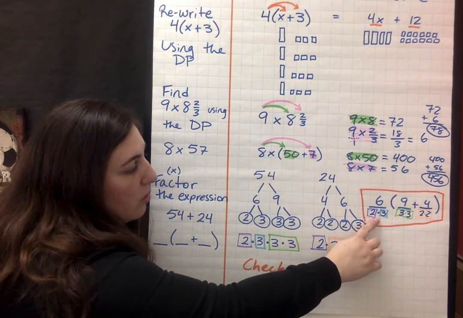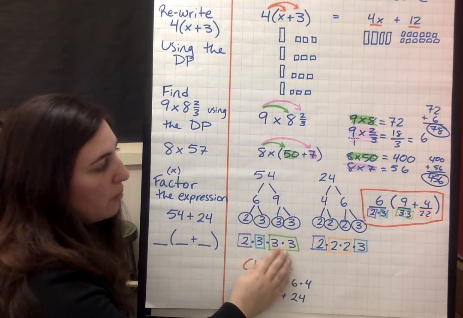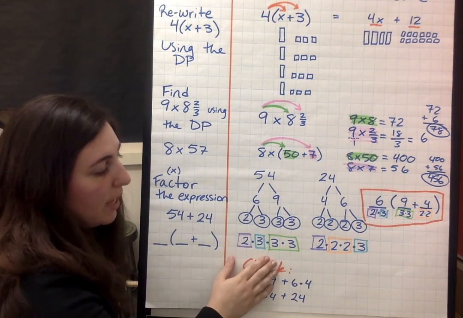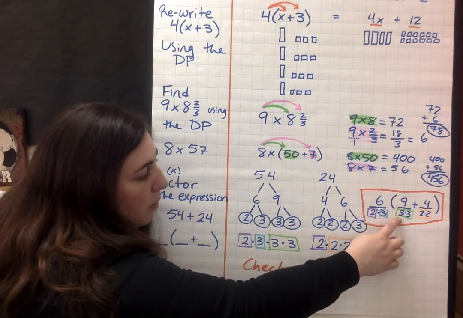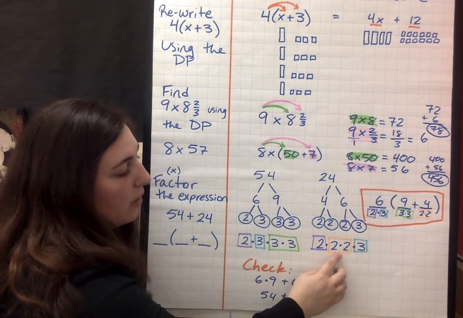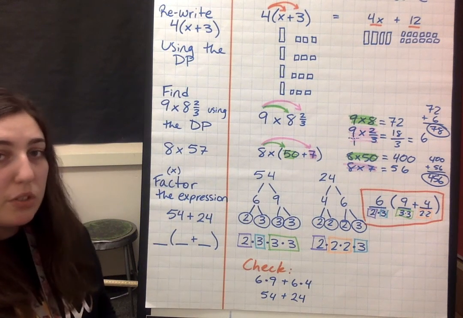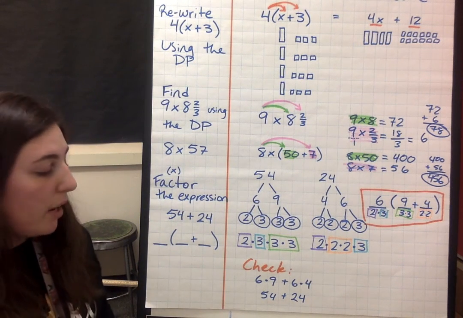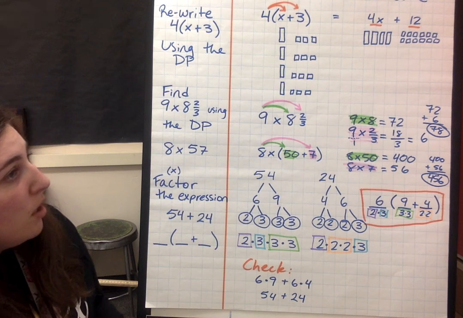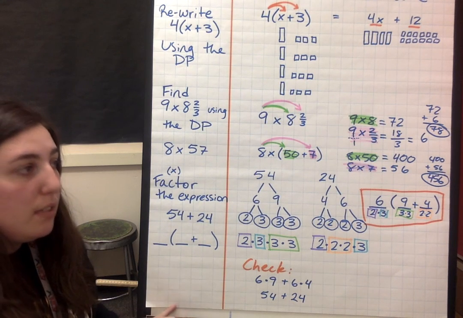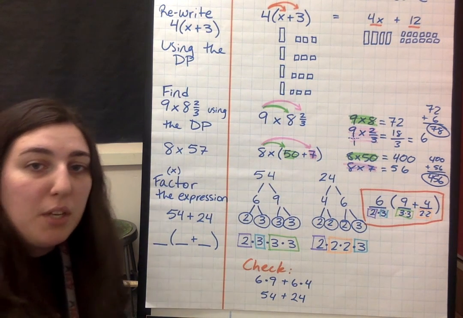We multiplied those, 2 times 3. Then whatever factors they had that were left, we multiplied over here, and the 2 times 2 we multiplied here. And then just do a quick check to make sure you did everything correctly. You will have a lot of practice to do this, and if you have any questions, just let me know in class.